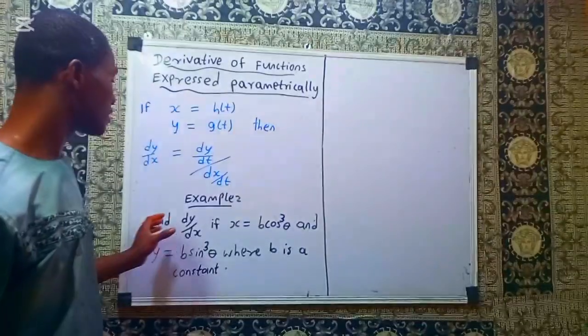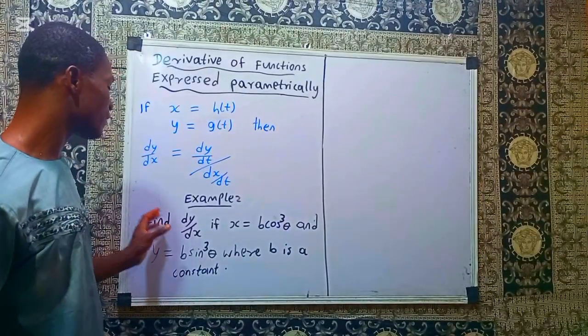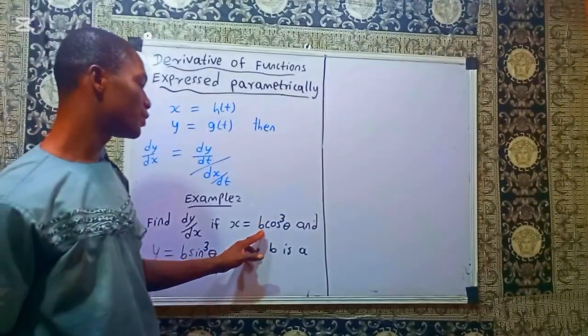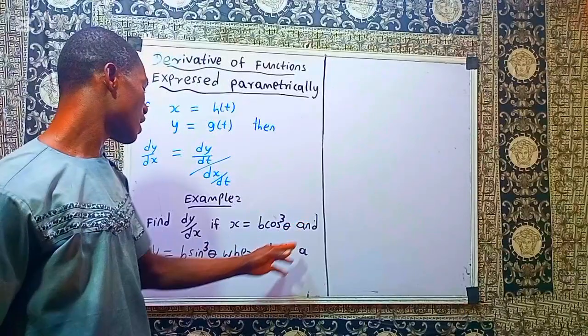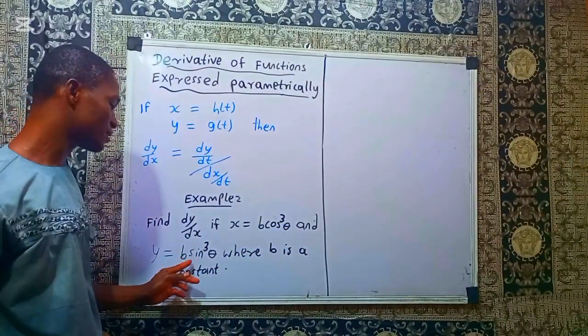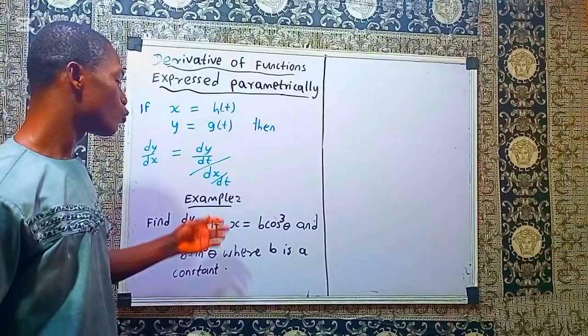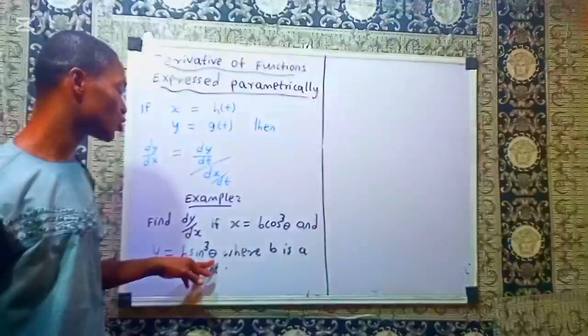But in this example we are considering, they told us to find the derivative of y with respect to x if x is b cosine raised to power 3 theta, and y is equal to b sine raised to power 3 theta, where b is a constant, which means that x is a function of theta and y is a function of theta.